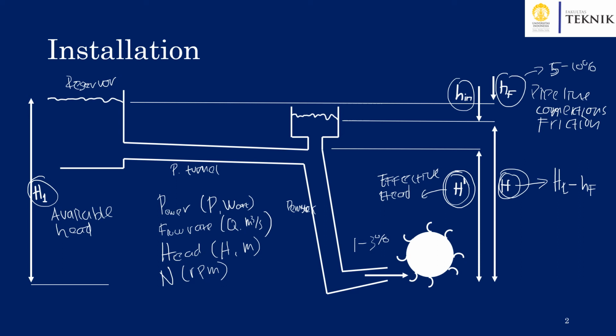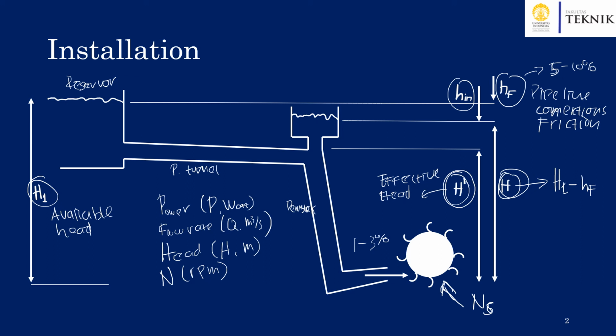And when we want to select the turbine, or which type of Pelton wheel we will use, normally we will have a look at the specific speed, or NS.